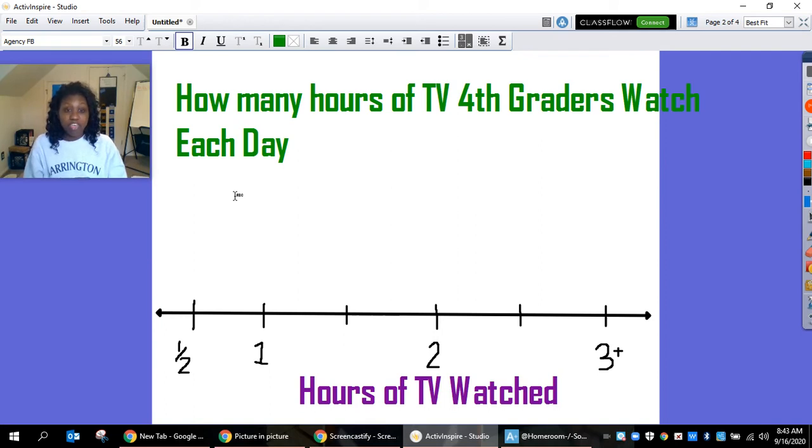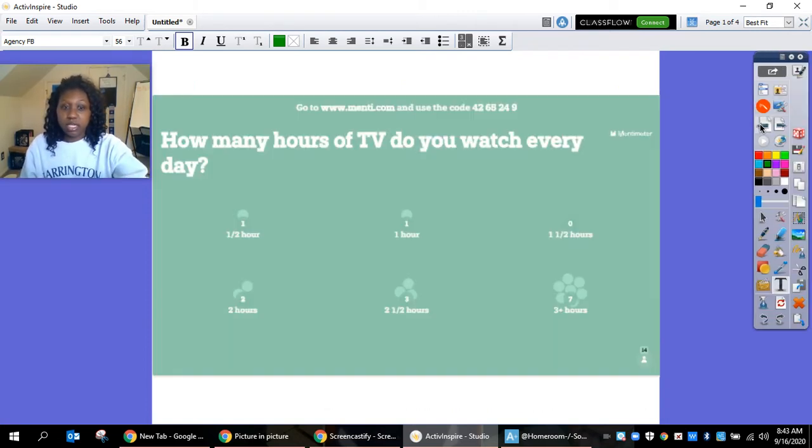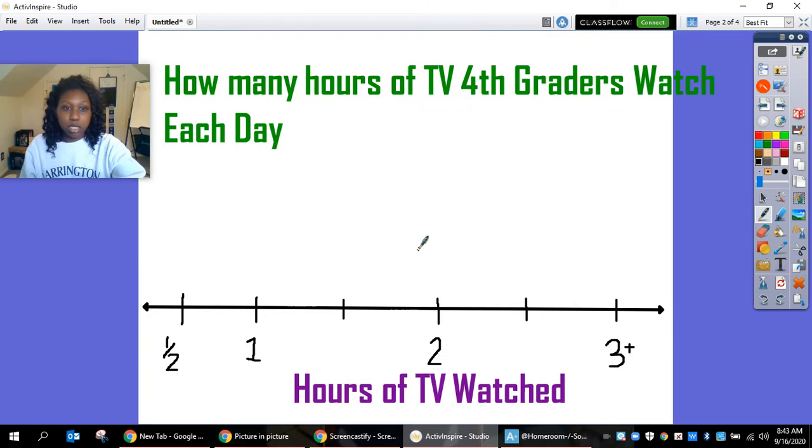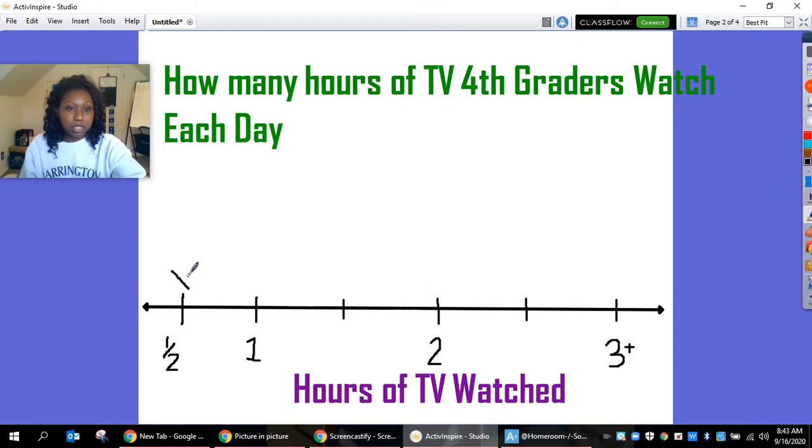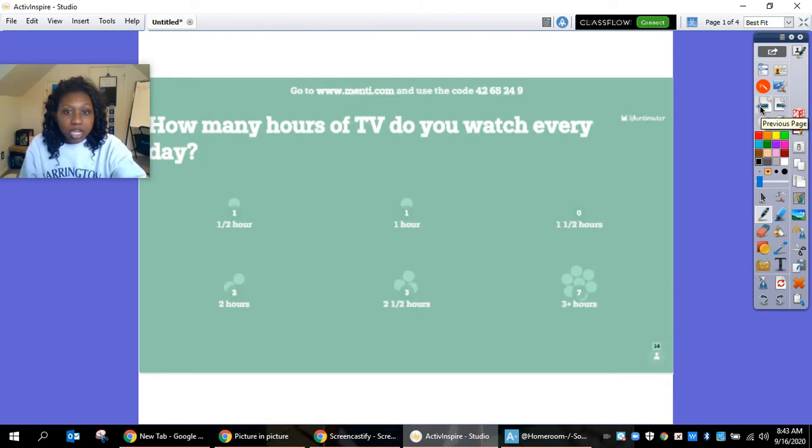And now that I have created my line plot, now I need to put the data on there. So let me go check. Let's see, 1/2 hour, I got 1 person. So I'll put my X. Let's see, 1 hour, 1 person.